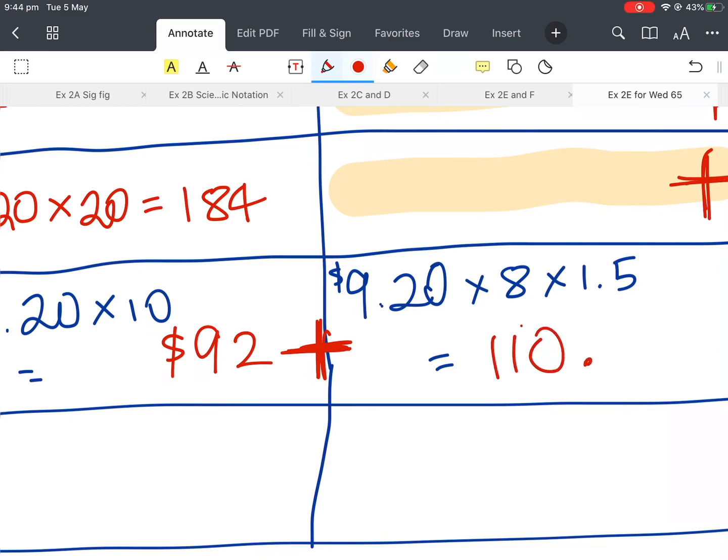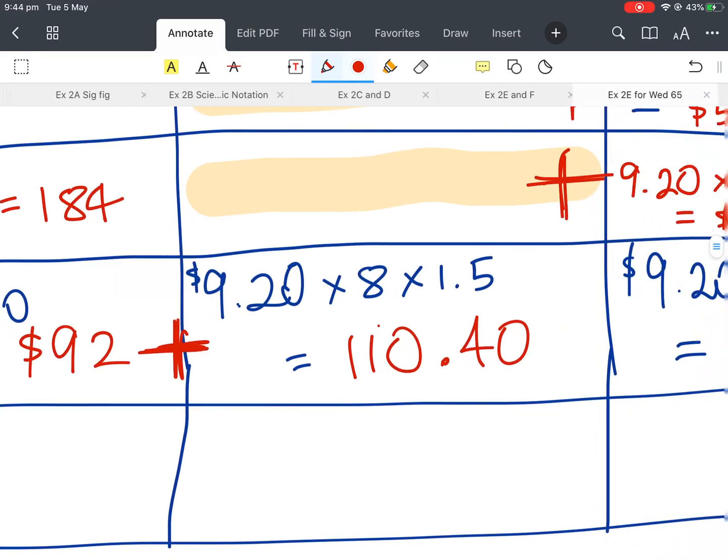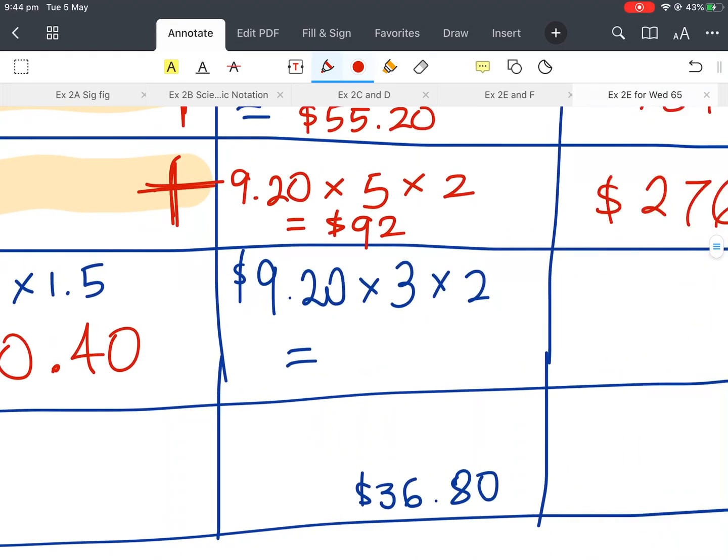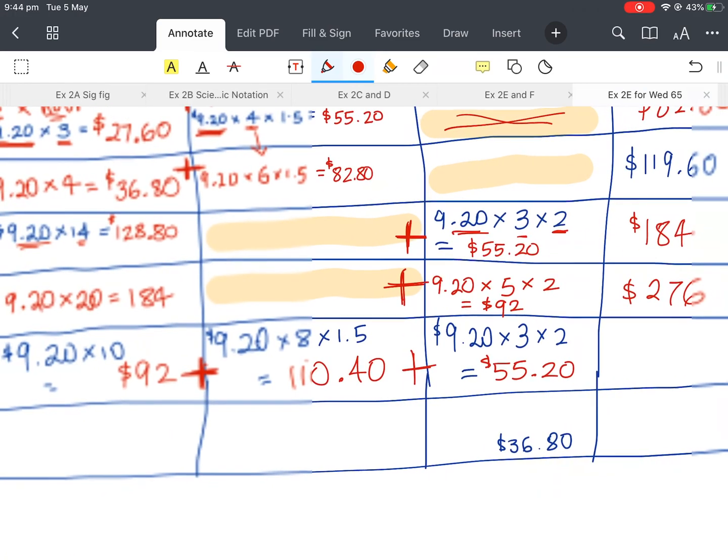Good, hopefully. Did you get $110.40? Let's do this one next. On your calculator, can you do 9.20 times 3 times 2? If I'm going too fast, please pause the video until you catch up with your writing. And I get $55.20. Now, same as before, add those three numbers together.